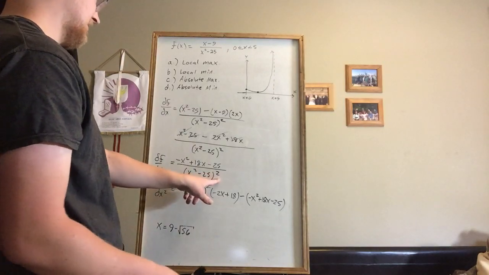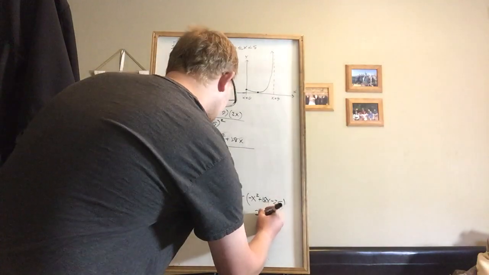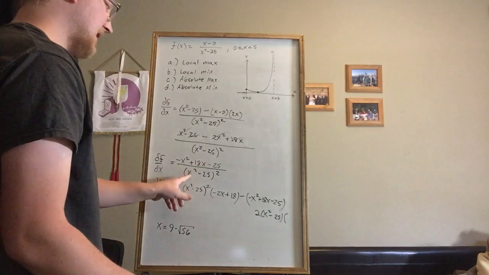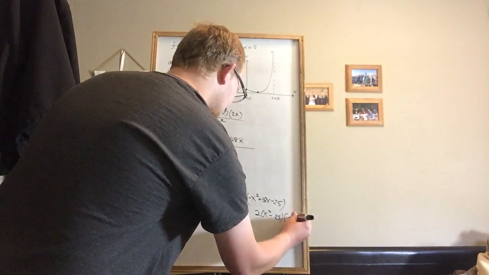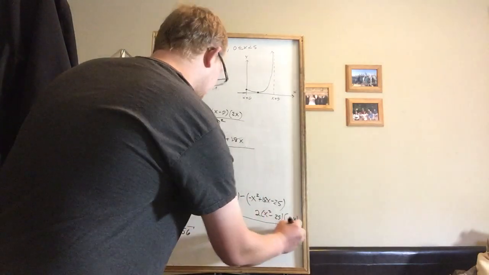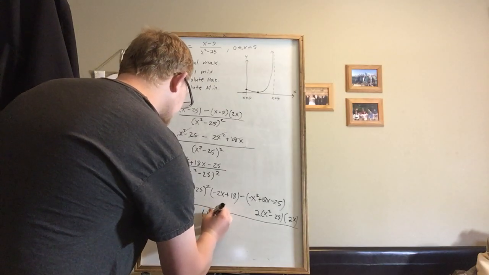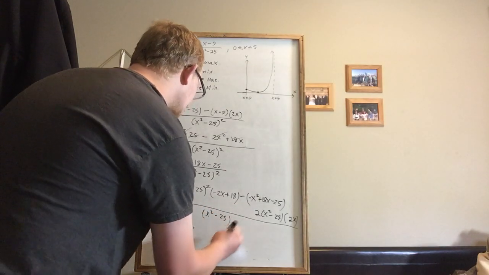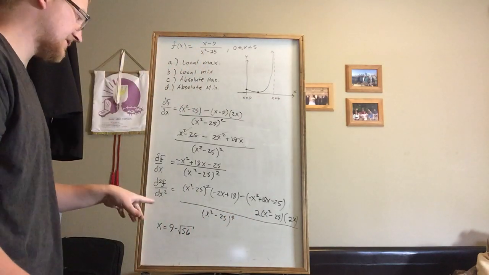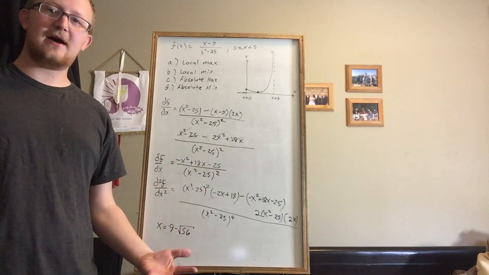We've got to do the chain rule and the power rule. So we bring down the 2 to the front of x squared minus 25, and then we multiply it by the derivative of the inner function, which is 2x. I'm sorry, these are multiplied together, and we're dividing everything by low squared. That's x squared minus 25 to the fourth now. Alright, so now we have this function that's going to tell us whether we're concavity up or concavity down.